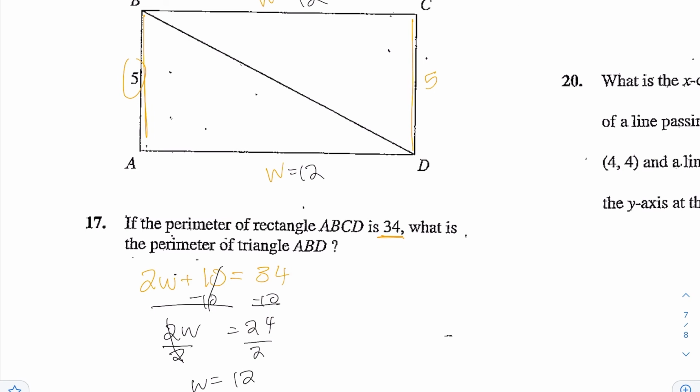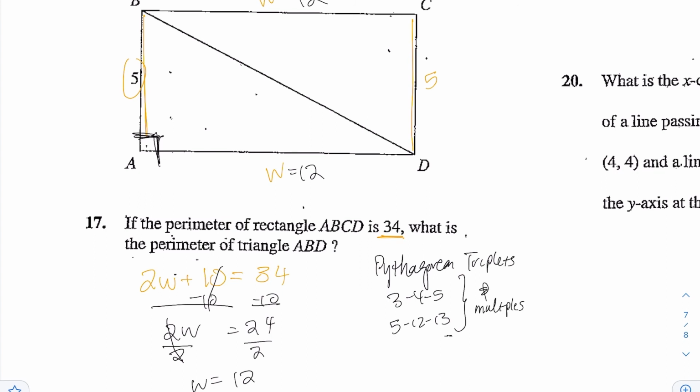Now, for this right triangle inside, this is actually one of your special Pythagorean triples. You have a 3, 4, 5, and you also have 5, 12, 13. So these are the base ones. You can also multiply them as well for similar triangles.